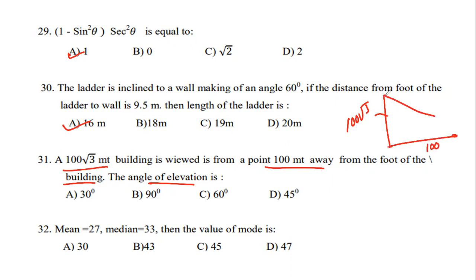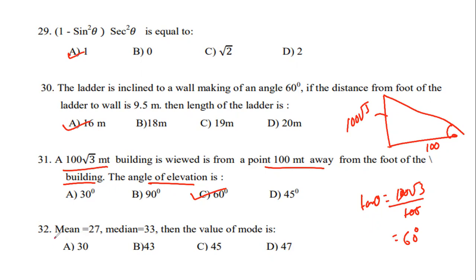So you need to find out the angle here. So tan theta is equals to opposite by 100, 100 root 3 divided by 100. 100 get cancelled. The value of root 3. So what is the value of root 3? 60 degree. Correct? Yes. So which option is right? Option C is correct.